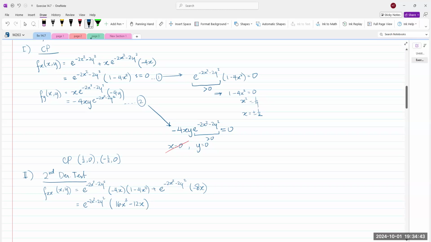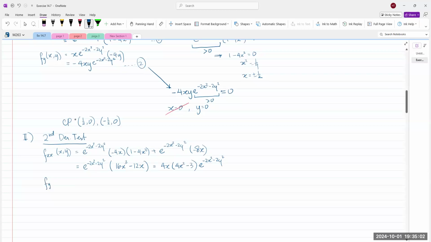Actually, I can factor the 4x out: 4x times (4x squared minus 3) times e to the negative 2x squared minus 2y squared.